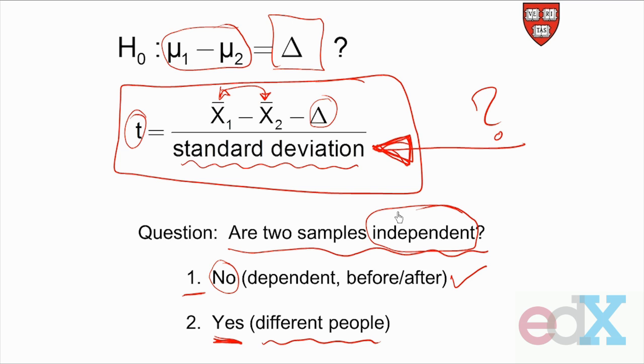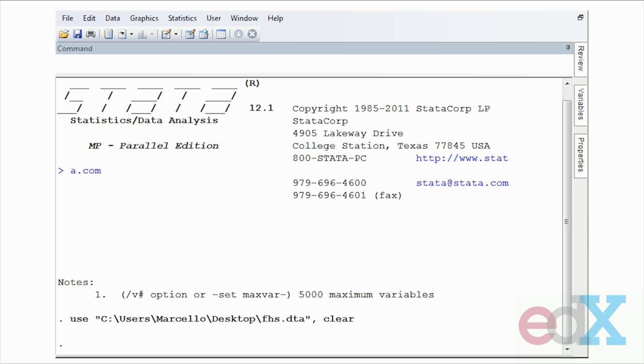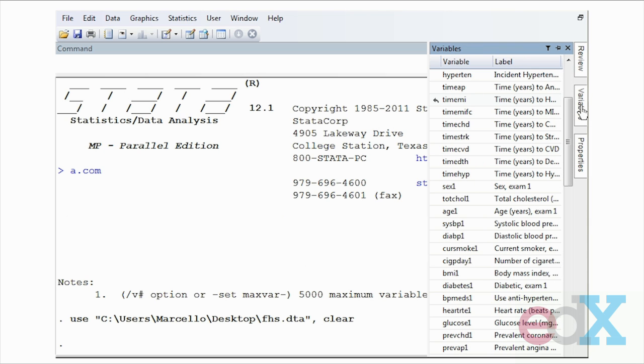Okay? So we're going to attack these one by one, first in the dependent situation and then in the independent situation. Okay, so let's take a look and visit our data set. And here are the variables. And let's see if we can think of some hypotheses or some investigations we may wish to do where the two samples would be dependent.